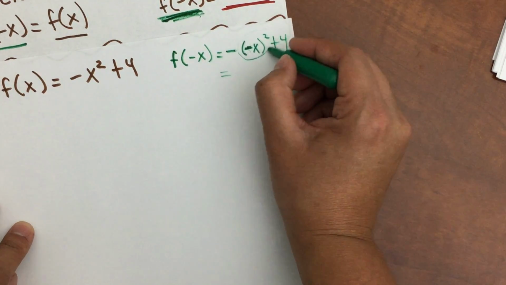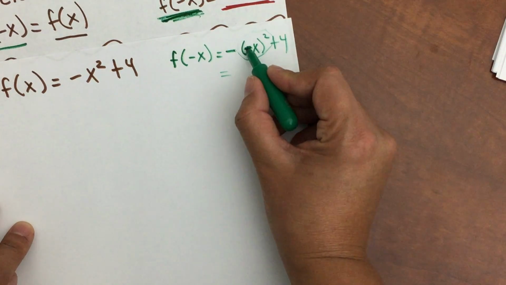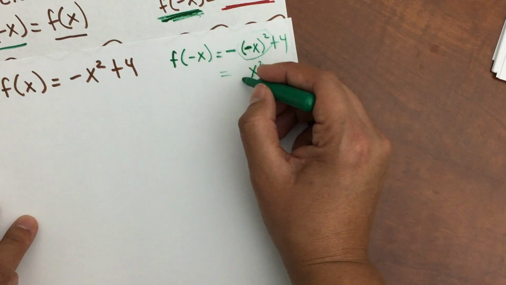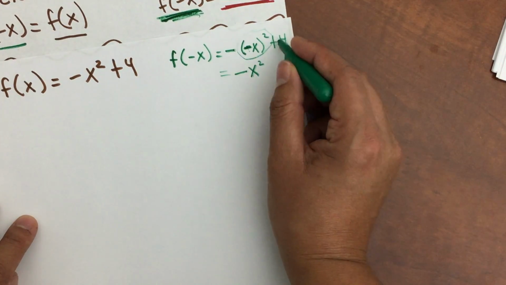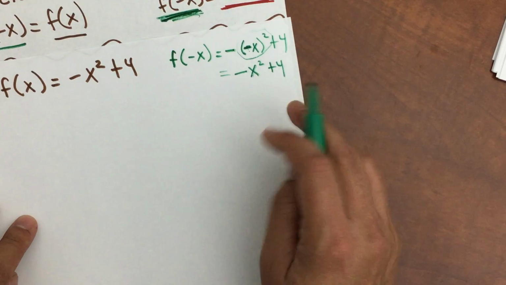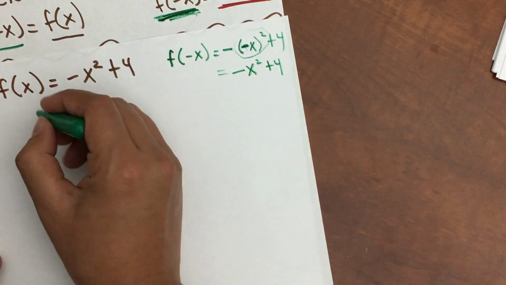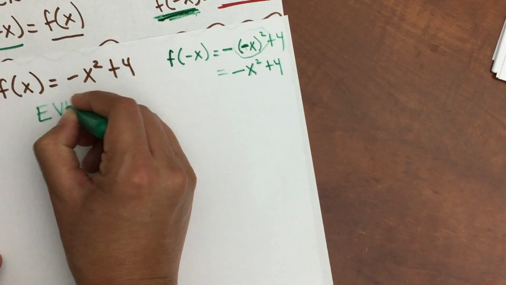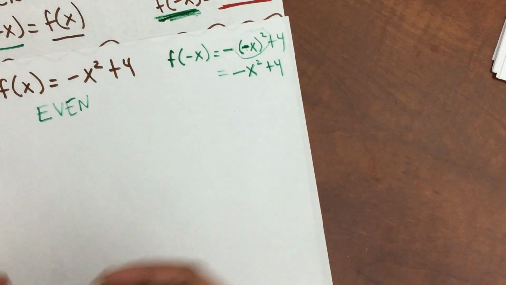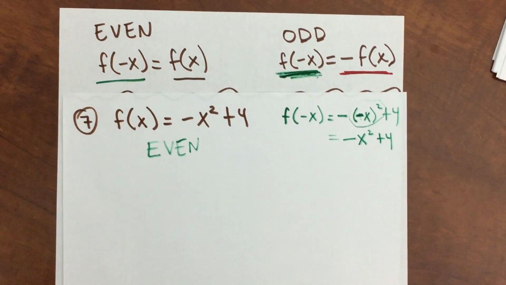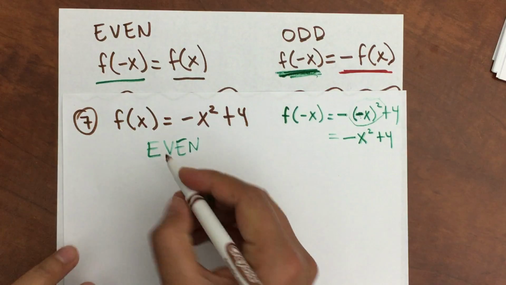First you have to do this part, which is negative x times negative x becomes positive x squared. You bring down the minus because it's outside, and plus 4. Are they the same? Yes, so it's going to be an even symmetry. It has even symmetry.